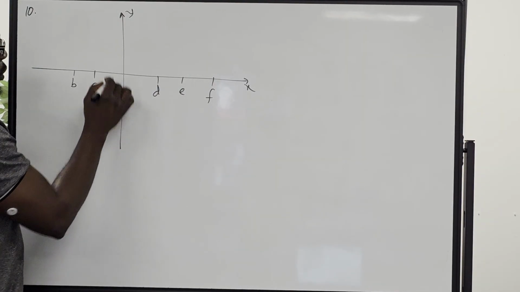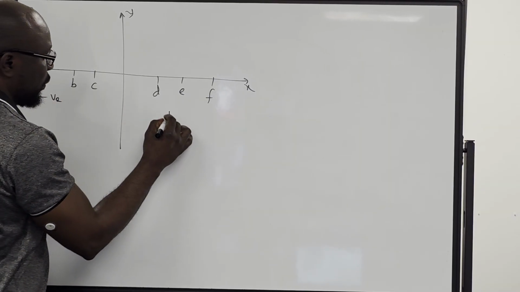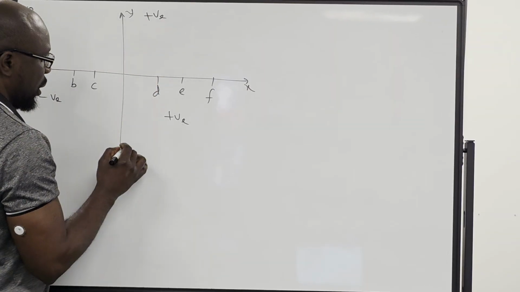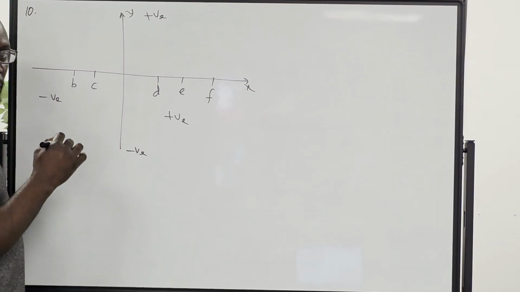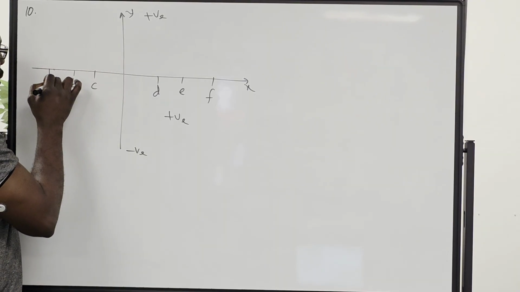This is going to be negative, this is going to be positive right here, this is going to be positive right here, and negative right here. And in this graph, you have A right here.